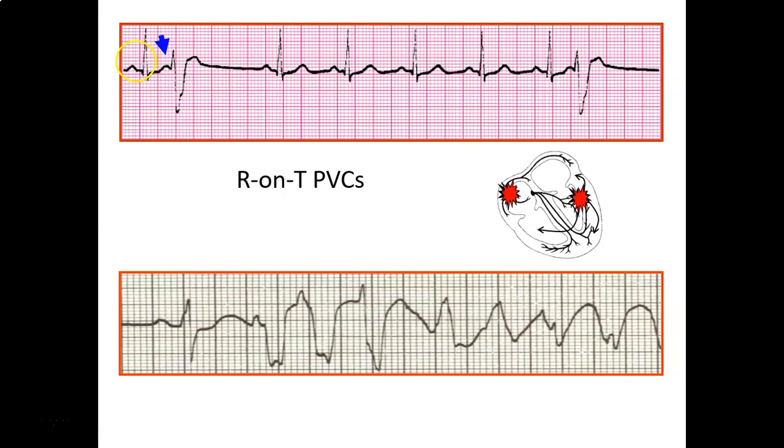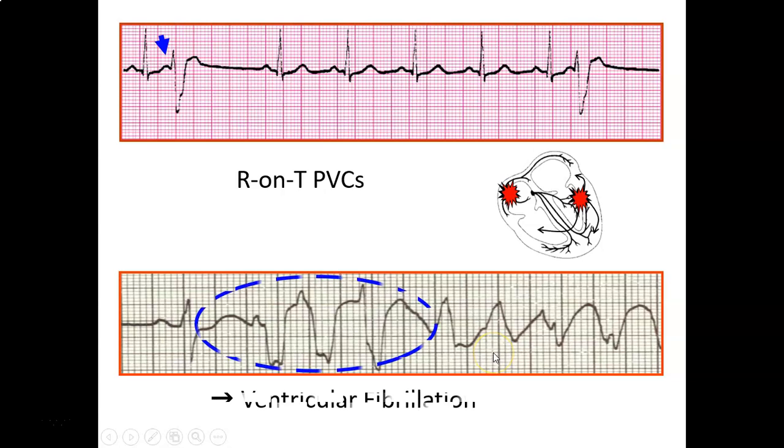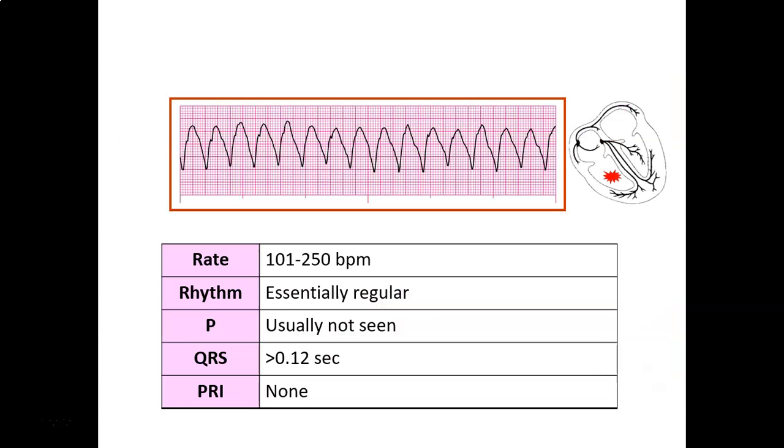But if during this relaxation mode some electricity starts in, this may produce fatal consequences. So it's very important to keep an eye on the R on T phenomenon, because this abnormal ectopic focus, if it stimulates the normal myocardium when it's in the relaxation phase, it may produce ventricular fibrillation. So it is important to look for the R on T phenomenon.